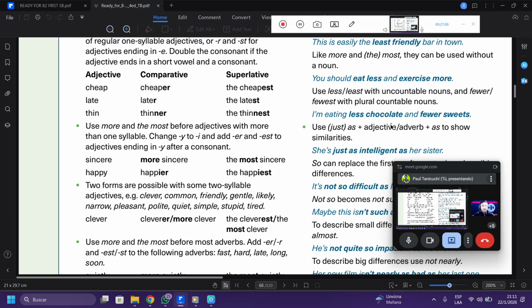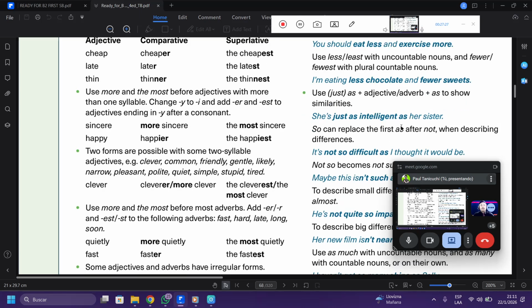Me. Okay. I driving less my bicycle and fewer steps. Fewer steps. It means that you're walking less time, right? Yes, okay. Who's missing?